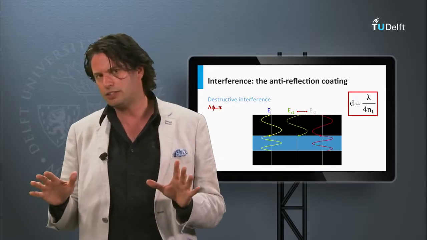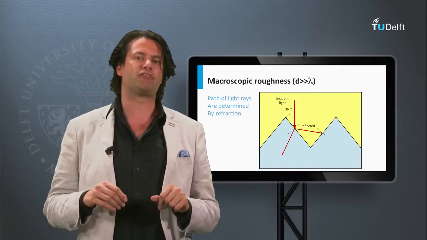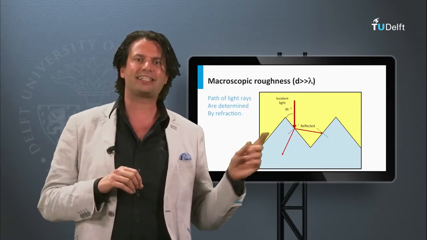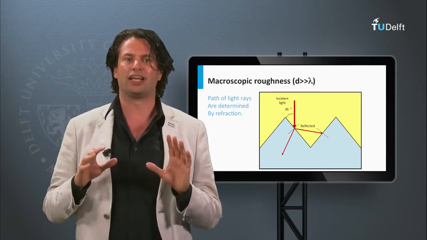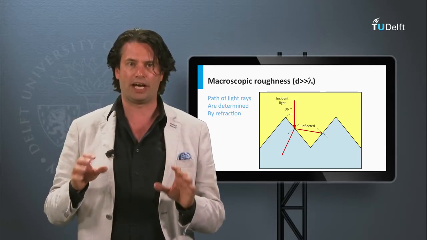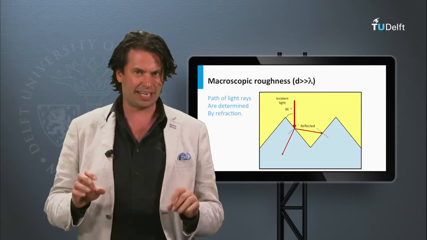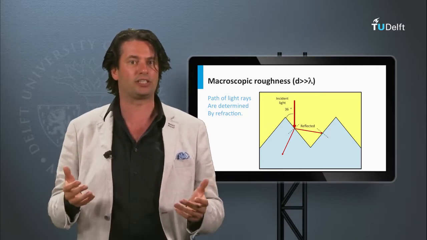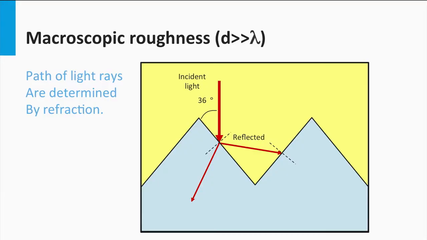A last and completely different approach for anti-reflection is using textured interfaces. The length scale of the textured features is larger than the typical wavelength of light. The reflection and transmission of the light rays are determined by the Fresnel equations and Snell's law. The texturing helps to enhance the coupling of light into the layer.